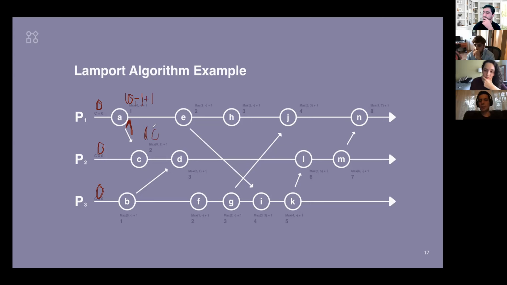First is the value that we are getting for the node, that it's 0, because it's the first event. And then we are attaching the timestamp of the value of this event here. So this event, the value it's 1. So we are attaching that value here. And the formula says, from these 2 values, which one is the maximum value? It's 1. So once we have 1, we add another 1, and the value is going to get 2.